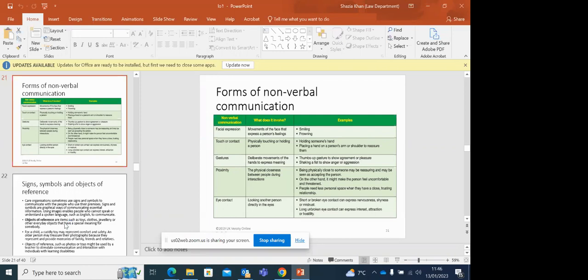Then eye contact, looking another person directly in the eyes. Short or broken eye contact can express nervousness, shyness, or mistrust. Long unbroken eye contact can express interest, attraction, or hostility.